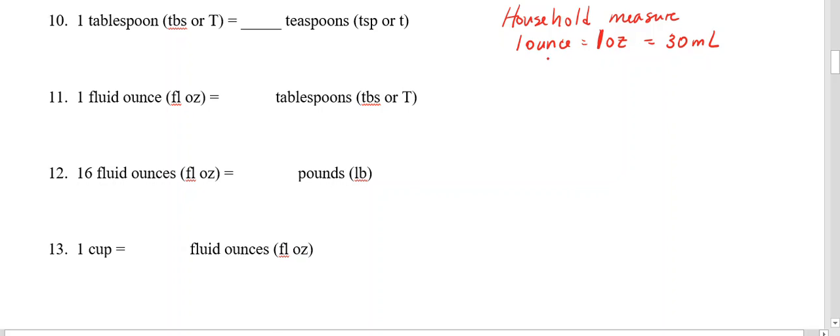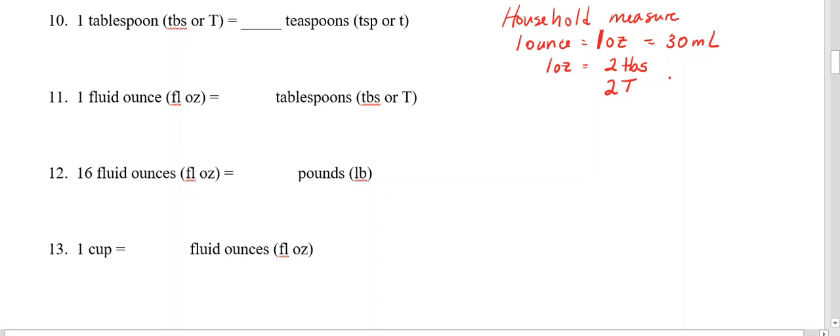All right. 1 ounce equals 2 tablespoons. Tablespoons is TBS, or you can do a capital T. I prefer the TBS, because that T, sometimes people can make it look like a capital, sometimes like a lowercase.